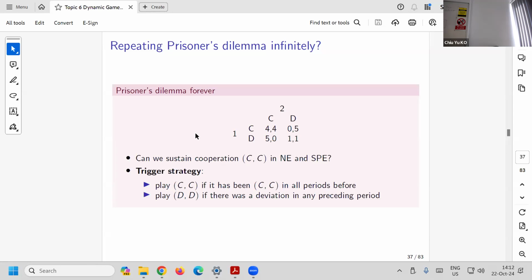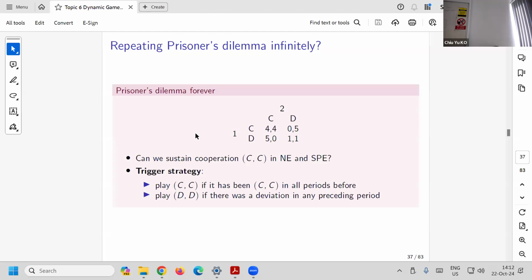But that is the idea: because we don't know when it would end, that's why we can sustain. So how to sustain this is by the following. We call it the trigger strategy. Trigger means that something happens and you press a button, a panic button.